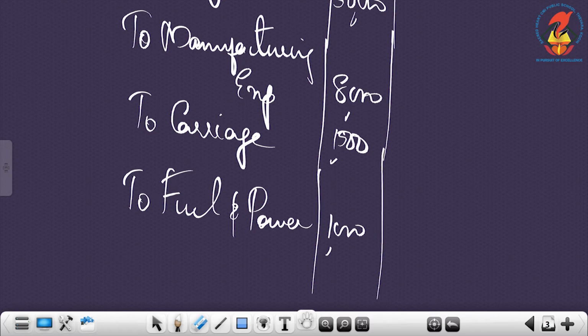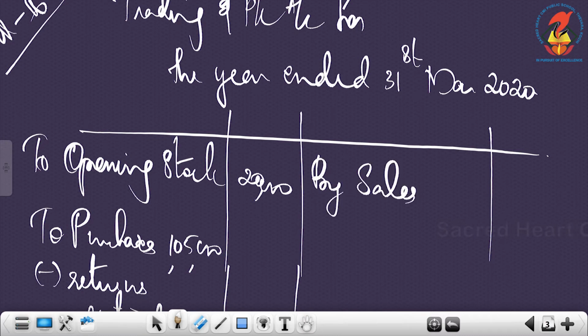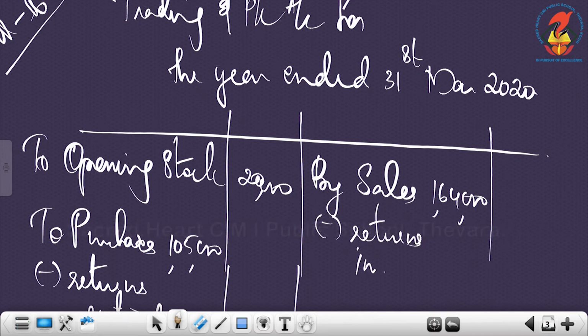Now on the credit side, by sales it is 1,64,000 less returns inward or sales return, it is 3,000.